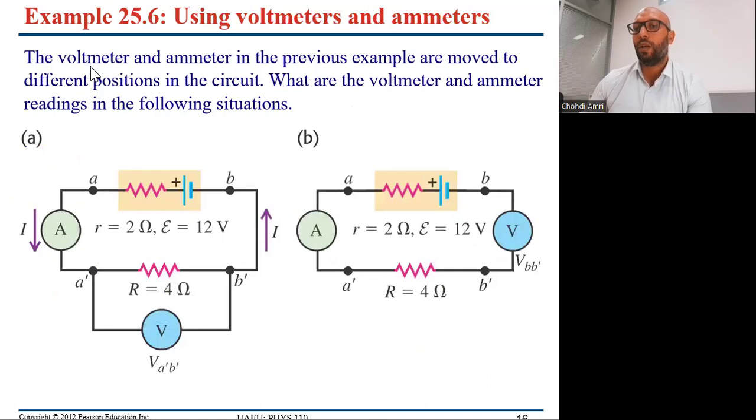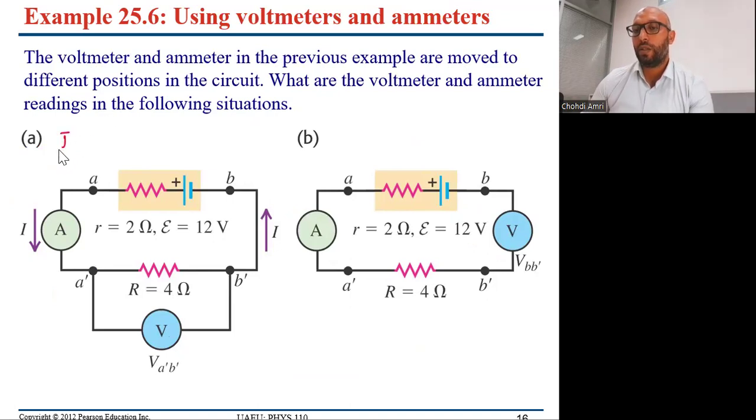Let's take this example. The voltmeter and the ammeter in the previous examples are moved to different positions in the circuit. What are the voltmeter and the ammeter readings in the following situations? So now you see that the voltmeter is connected across the resistor, and the ammeter is at the same position.